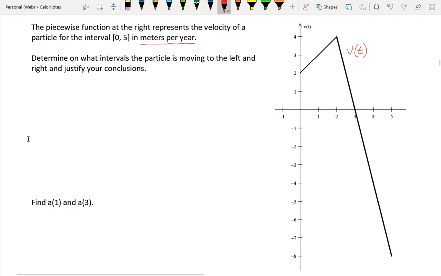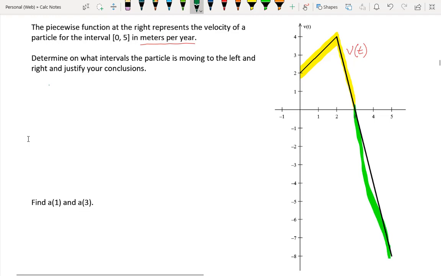Justify your conclusions. Okay, so when we're looking for left and right, what we're looking for is where v of t is. If your velocity is positive, then you're moving to the right. If your velocity is negative, you're moving to the left. So you can see in this whole section up here, v of t is positive, so we're moving to the right. And then down here in the green, we're negative, so we're moving to the left.